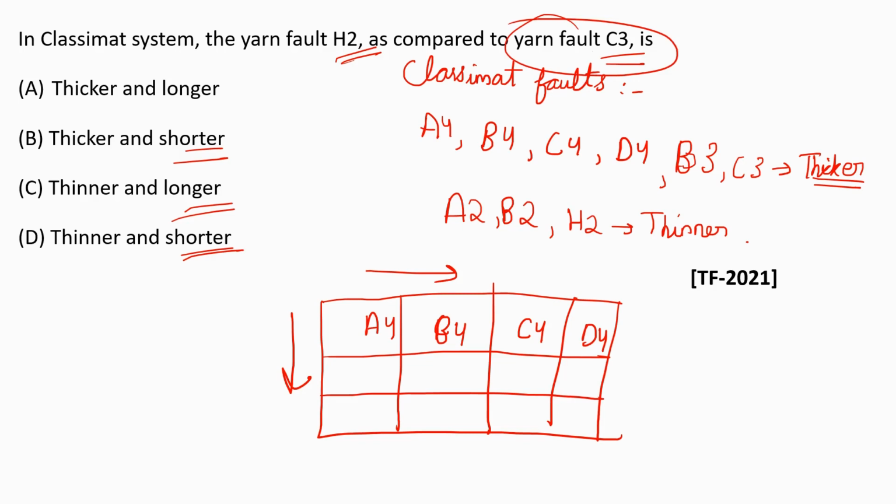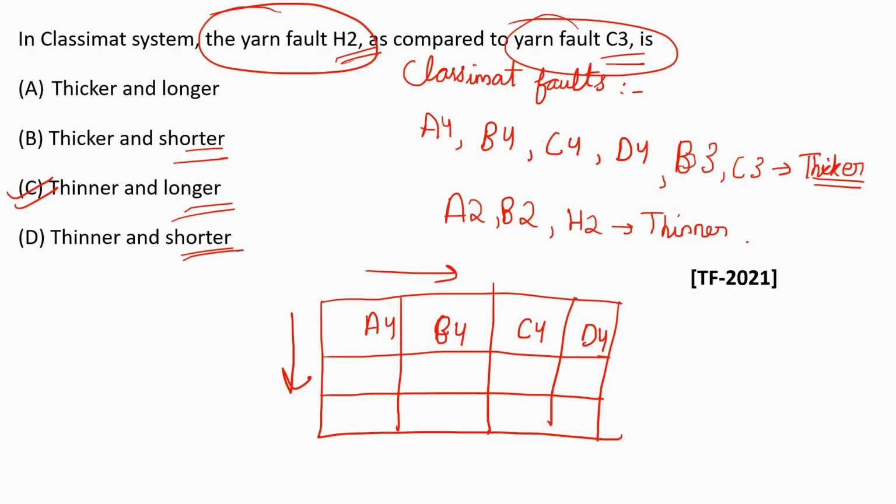So C3 is thicker, but it is shorter as compared to yarn fault H2. So which option would be the correct option? Yarn fault H2 is thinner, but it is longer. So option C is the correct option.